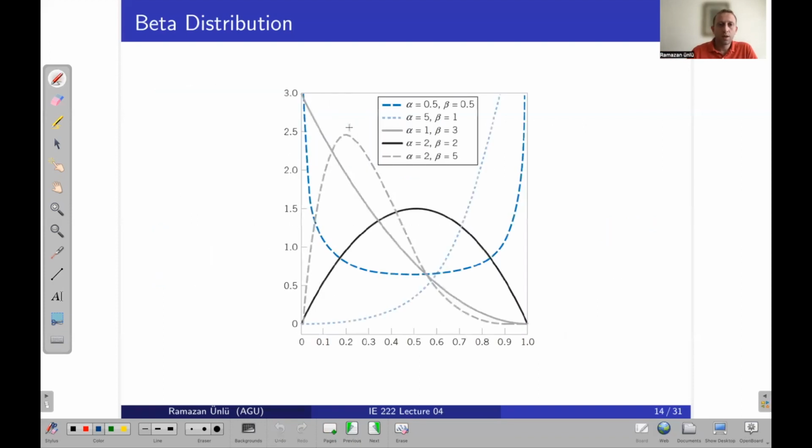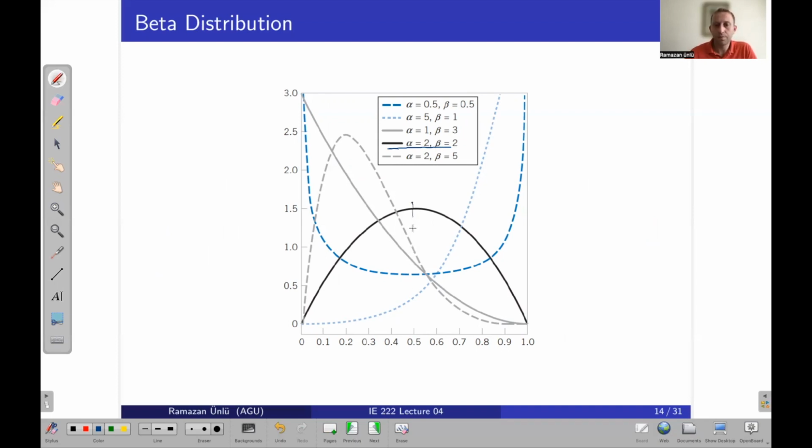Okay, so again, there are two parameters. By changing them you can have different shapes of the beta distribution. Here, let's look at this one. The alpha and the beta are equal. That means this distribution will be symmetric about 0.5, right?